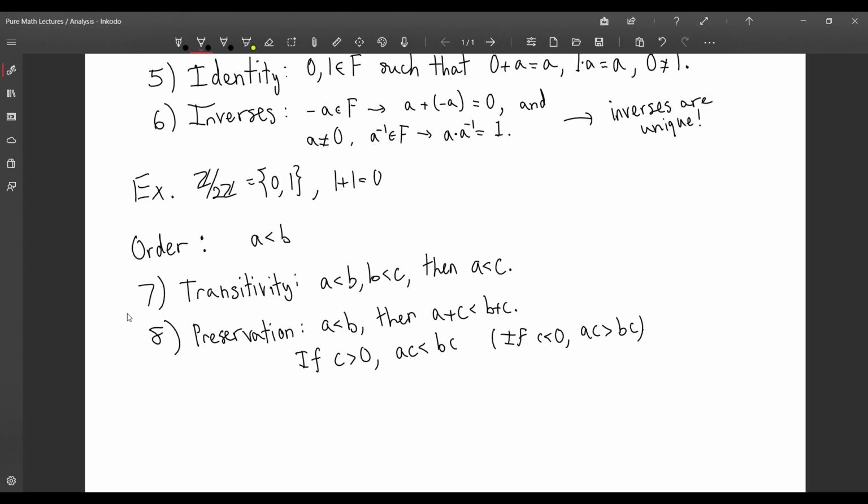And the proof of this is essentially saying that negative C is greater than 0, and then using negative C in conjunction with this order axiom.